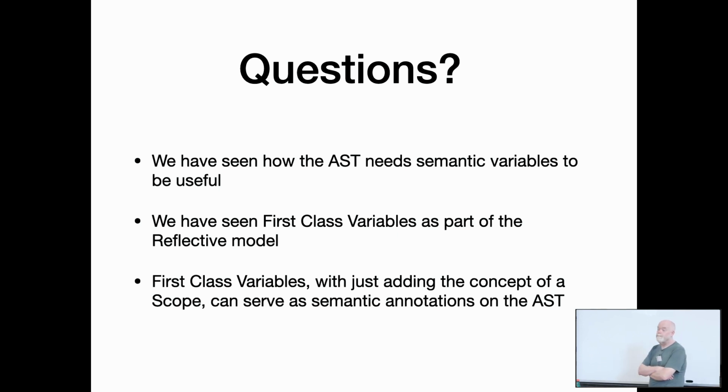What do you mean by metalinks? Ah, yes. Maybe I should have explained. So a metalink is a reflective feature in the system where you can annotate the AST with a meta object, which is called before or after or instead of the original operation, and this is used to implement, for example, the breakpoints.